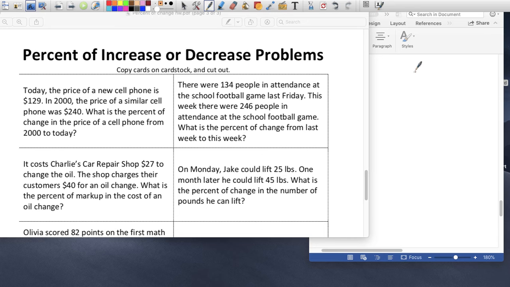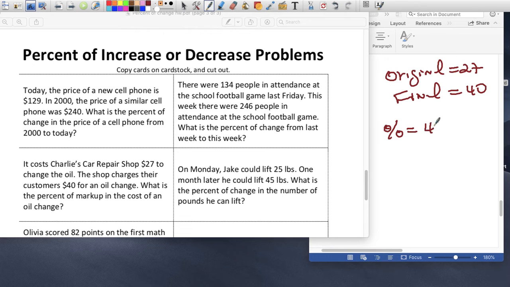So the original is 27, the final is 40. So we're going to go percent is final, 40 minus 27 over 27.